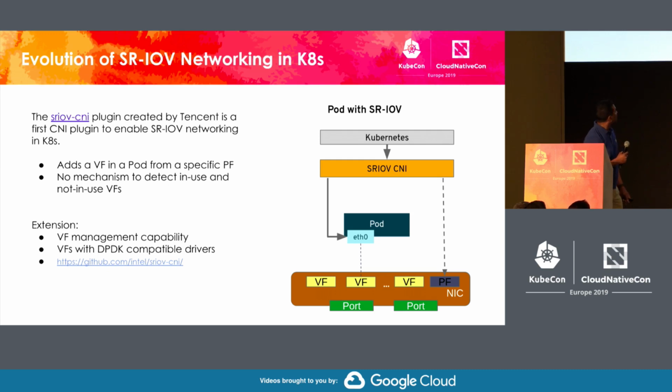So we started extending this plugin and added VF management capabilities. Now the CNI plugin can allocate a VF which is free; the one that is in use is not free, so you don't touch that one. We also wanted the VF to be used in DPDK applications, so we added capabilities so that a VF can be attached to a DPDK capable driver.